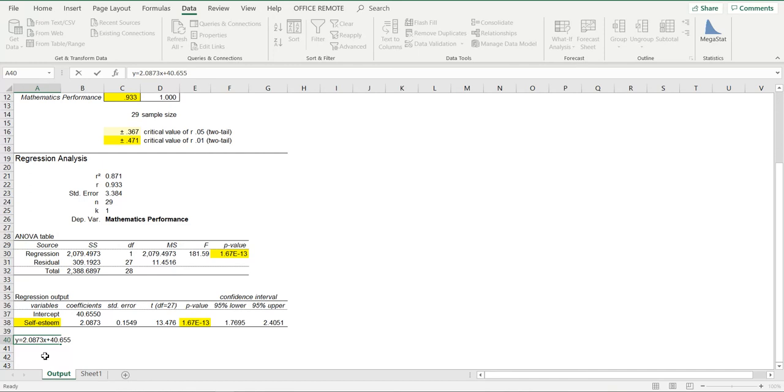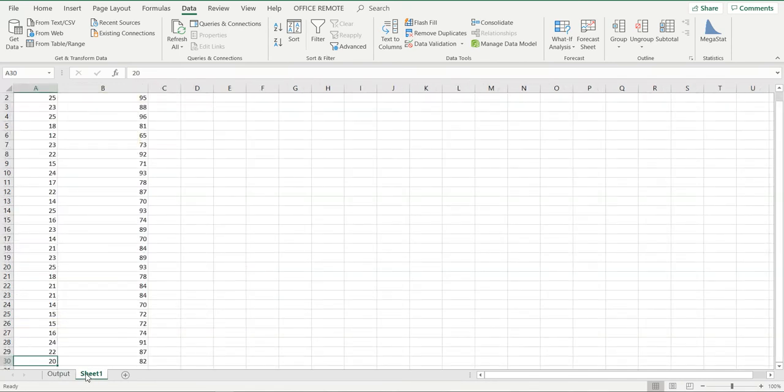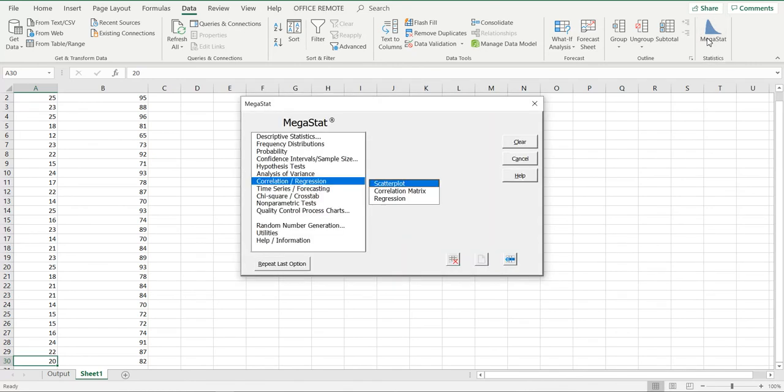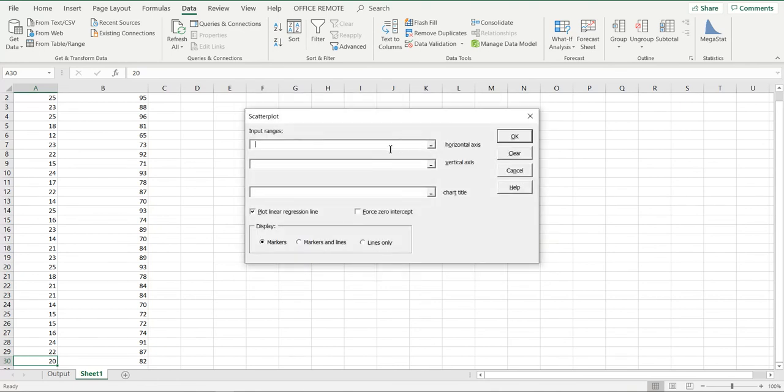If we are going to have the graph of this linear equation, we go back to sheet 1, and then click Megastat, click Correlation Regression, and then Scatter Plot.